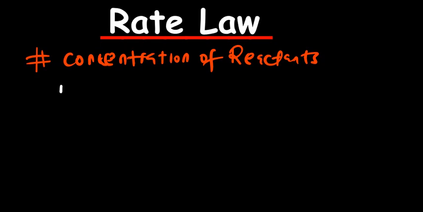Let's imagine you've increased the concentration of the reactant. When you increase the concentration of the reactants, the rate of the reaction is going to also increase. Why? Because now you have more particles that are able to collide. Basically that is the basic premise on the concentration of the reactants.